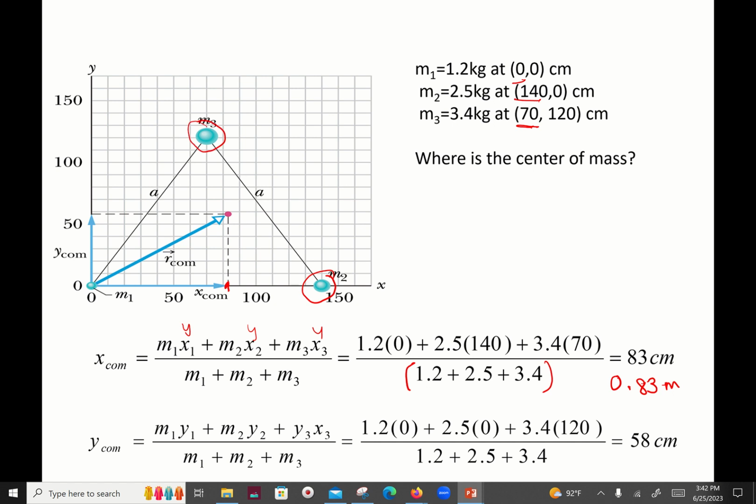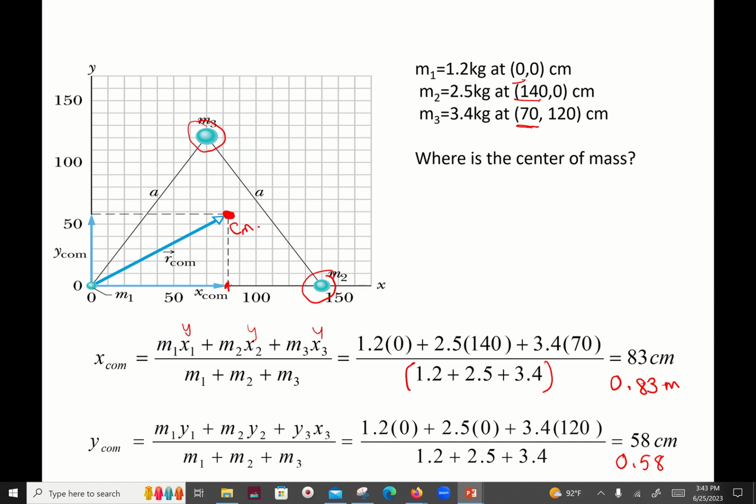And again, I divide by the total mass. And this time I get 58 centimeters or 0.58 meters. Okay, so I'm going to go up a distance of 0.58. And that location there, not quite in the center of the triangle, is where the center of mass of this triangle is. So you can do that for any number of particles.